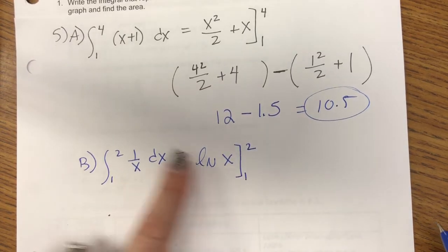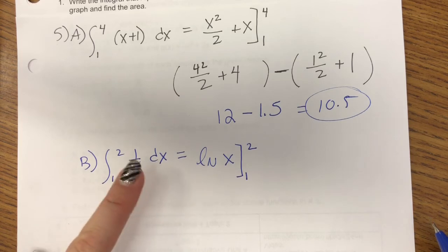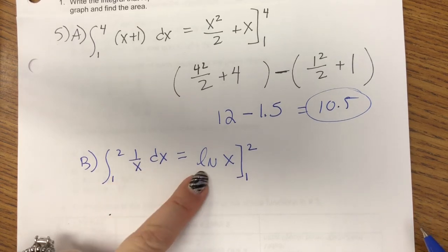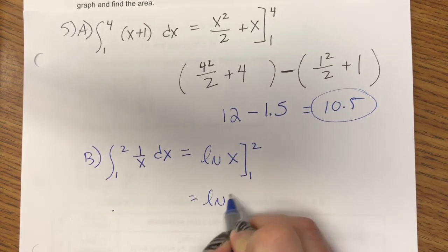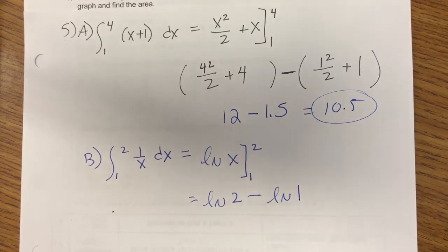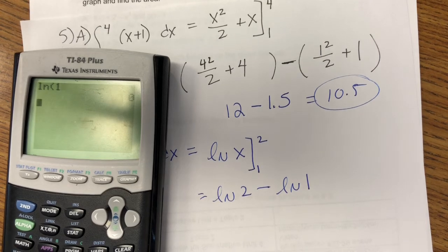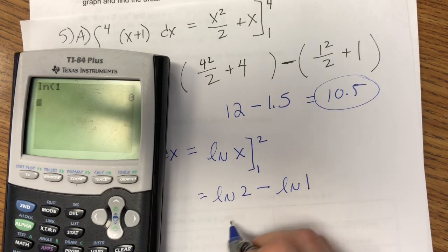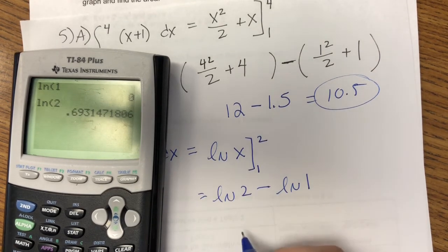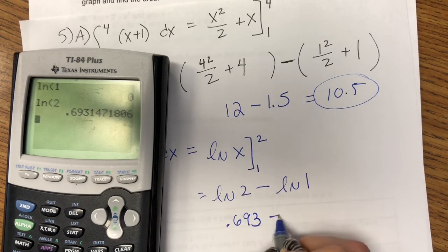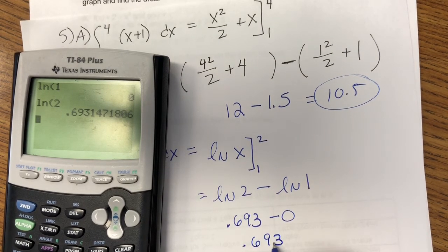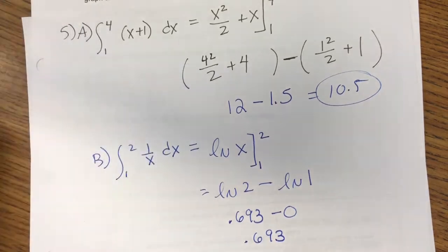So the derivative of ln x is 1 over x. So the antiderivative of 1 over x is ln. So then this is going to be ln of 2 minus ln of 1. The ln of 1 is 0. The ln of 2 is 0.693. So 0.693 is the final answer on the answer key.